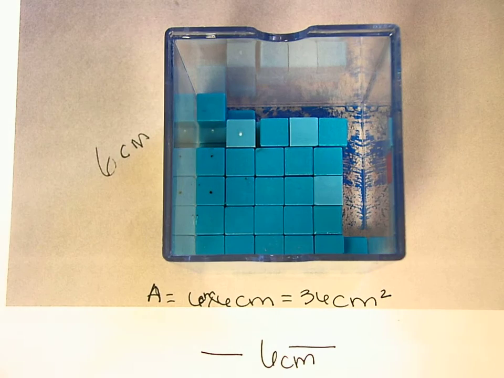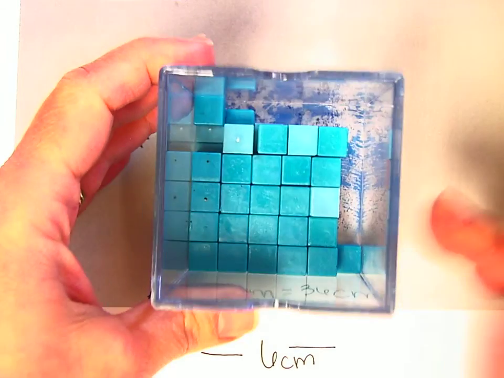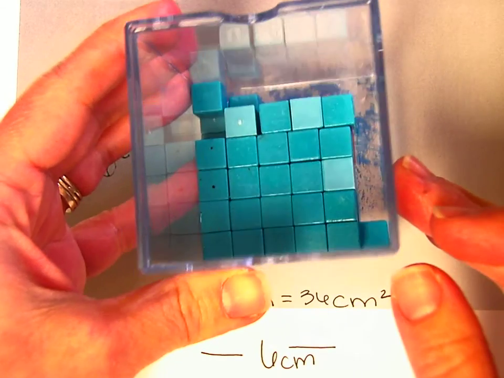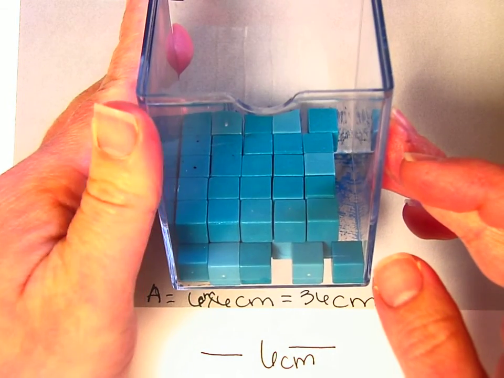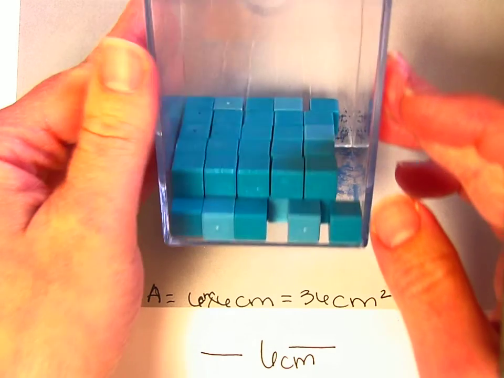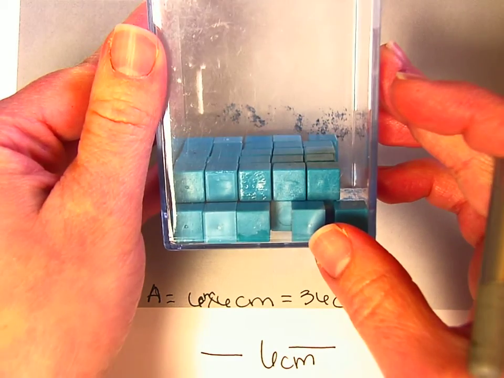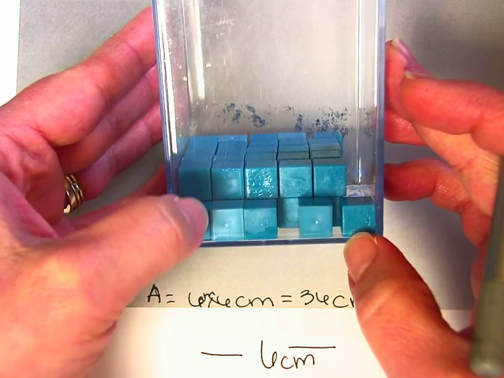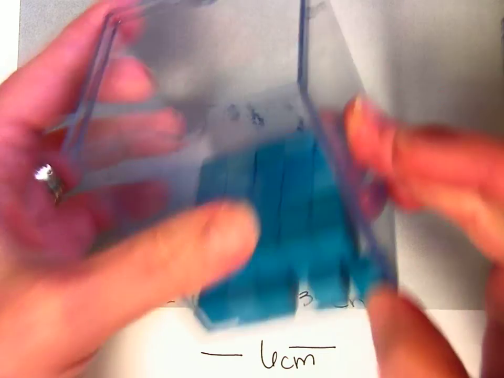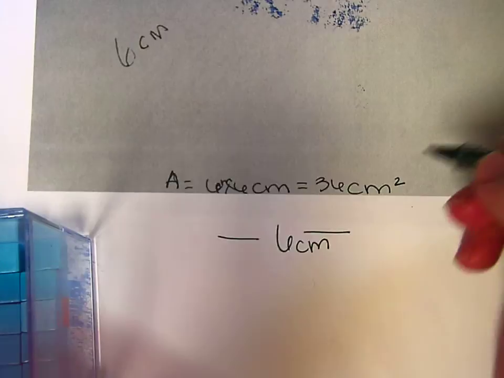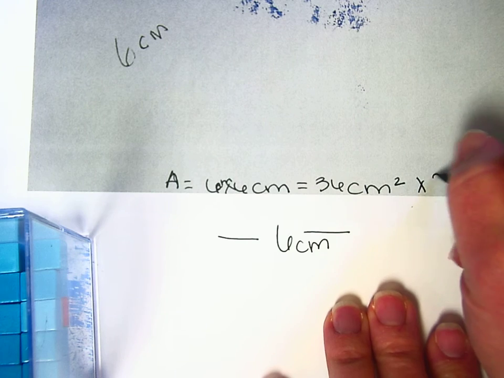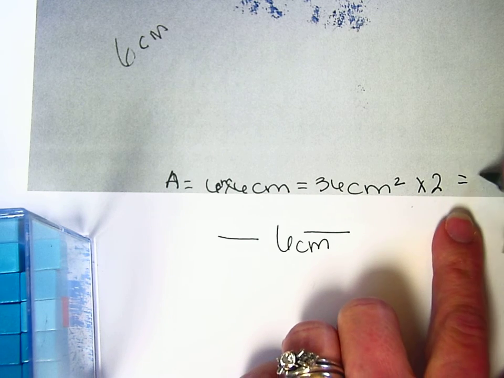Now, with our new schema, we know that in order to find out the volume, I have to count how tall it is. When I flip it up on its side, you can see that I have 2 layers here. So when I take that 36 times 2, I get 72.